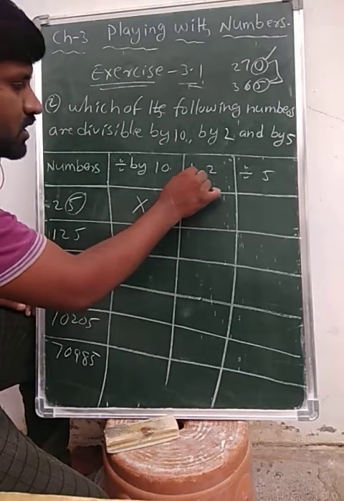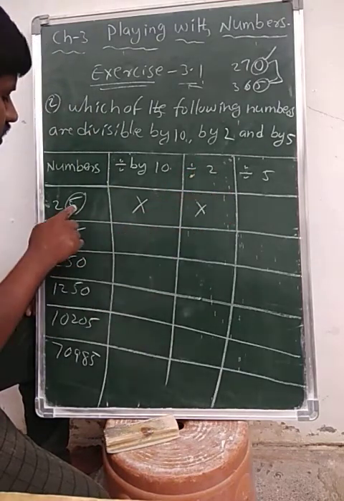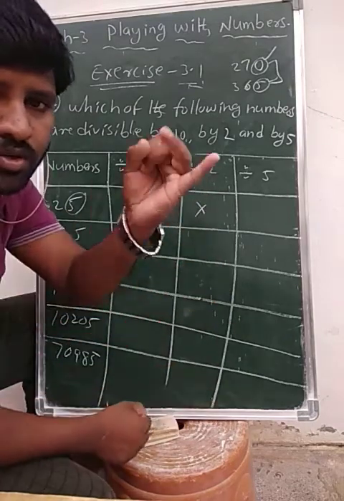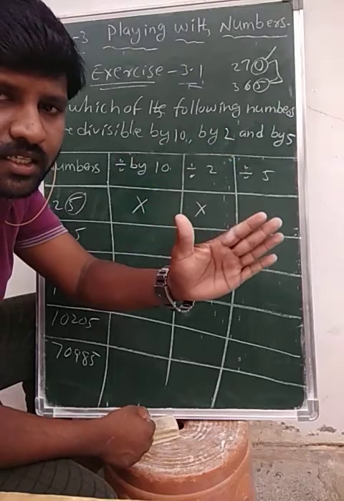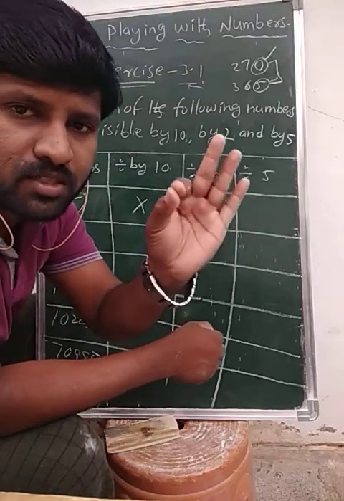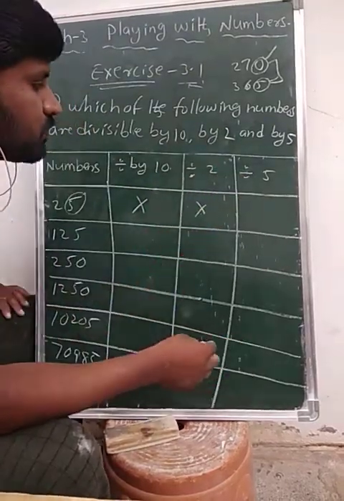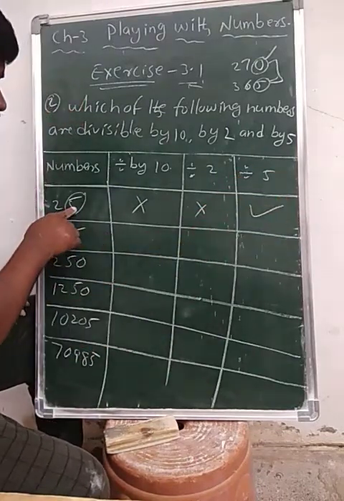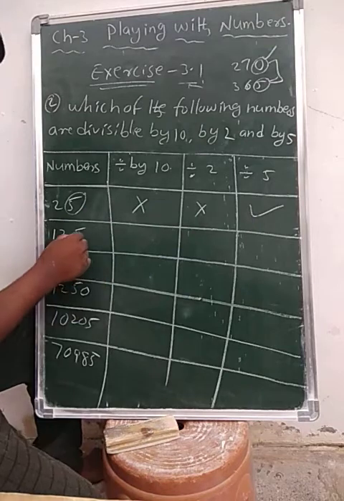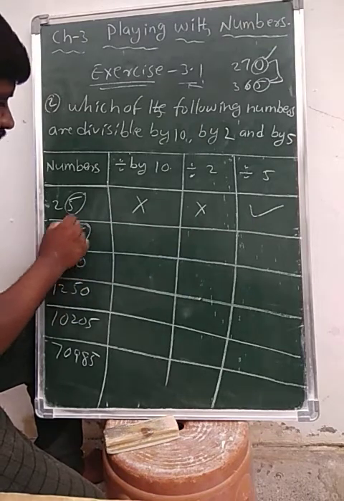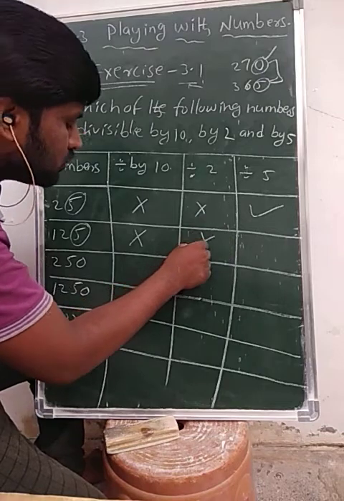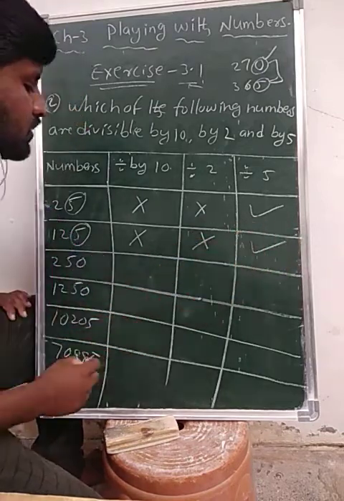It is also not divisible by 2, because the condition for 2 is that the ones place digit is either 0, 2, 4, 6 or 8. But it is divisible by 5 because the ones place digit is 5. Next, here also the ones place digit is 5. It is not divisible by 10. It is not divisible by 2, but it is divisible by 5.